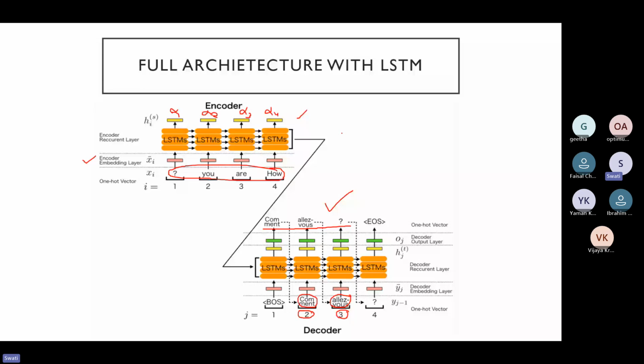This embedding could have some dimension. You can decide what dimension it can have.